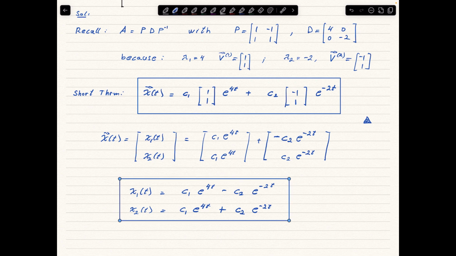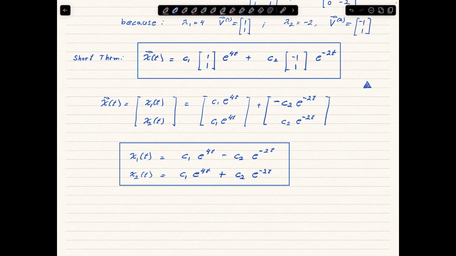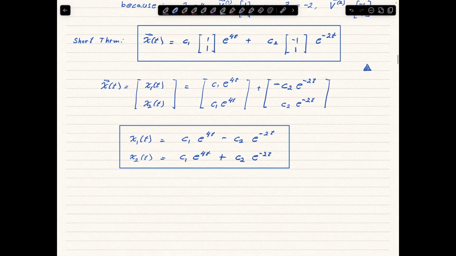Okay, and this is the solution, but recall that this is the solution to the following system. The system is x1 prime is equal x1 plus 3x2, and x2 prime is 3x1 plus x2. This is the solution of this system of equations.